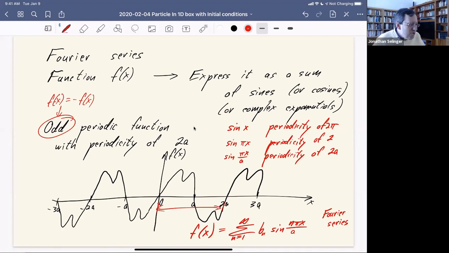I trust that the Kent State Math Department would have gone over that sort of thing. So this works with a periodic function on an infinite domain, that is x going from minus infinity to infinity, right? So the function is periodic and it covers infinite x.